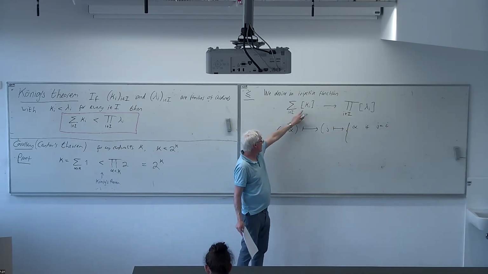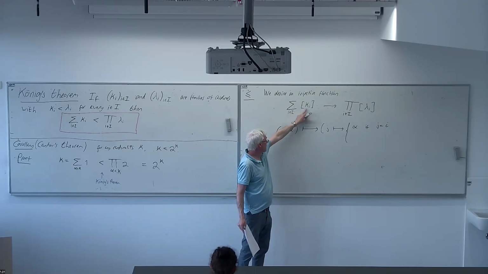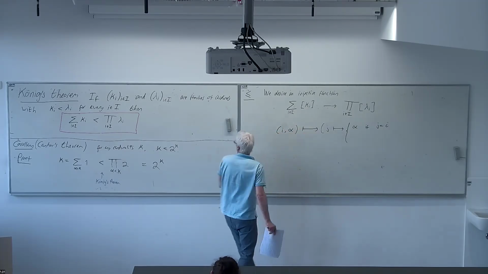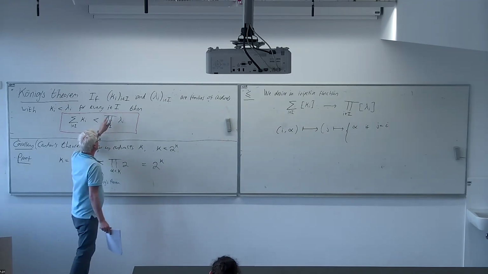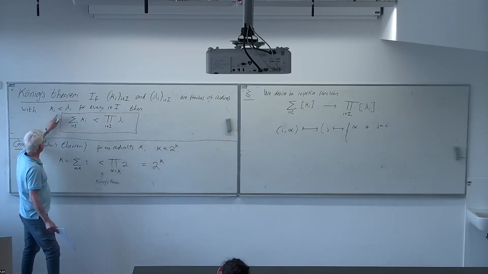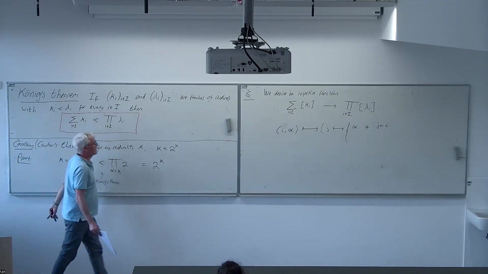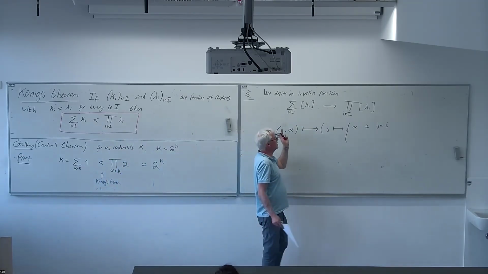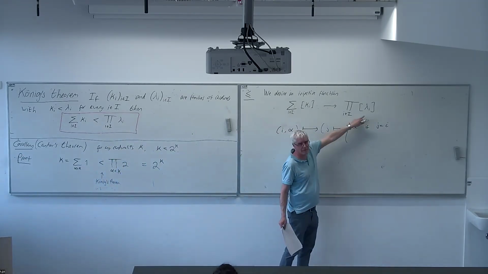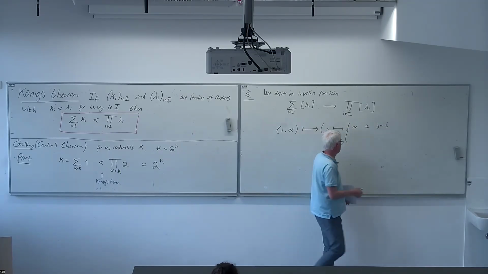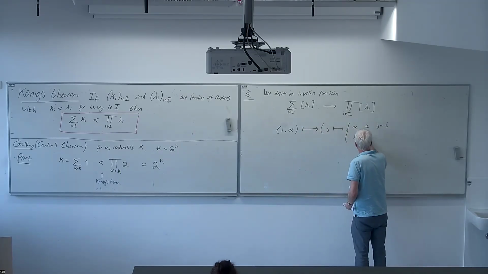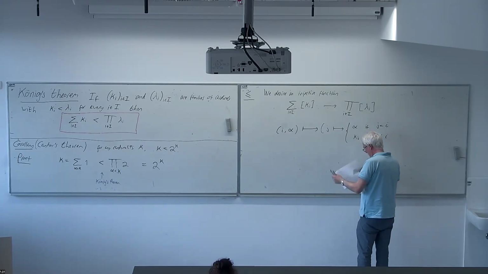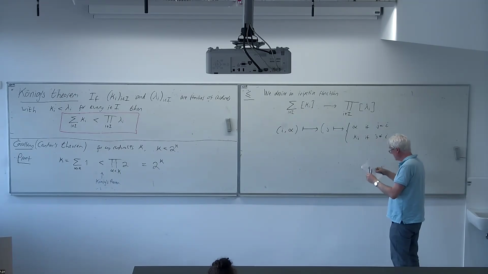But we can take such a thing because we know that kappa_j is strictly below lambda_j. And so kappa_j is itself an element of this set. So we can just map to kappa_j, if j is not equal to i. Let me check that that's the same as in the notes. Yes, it is.